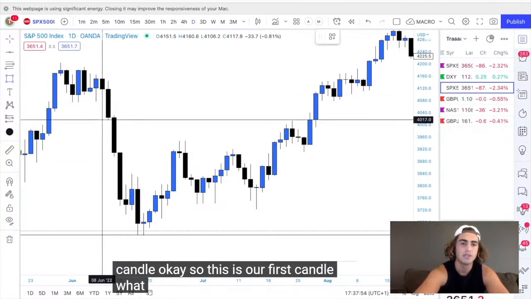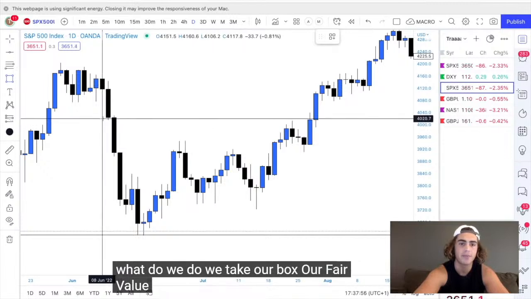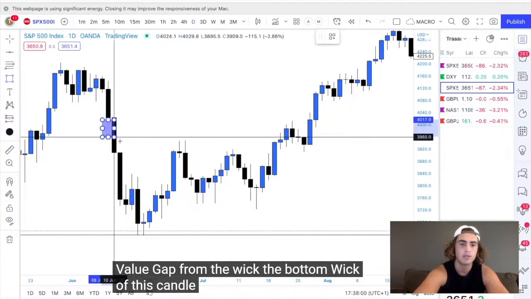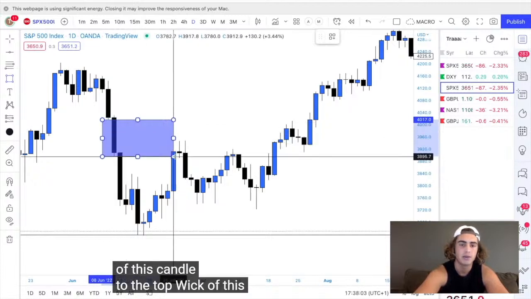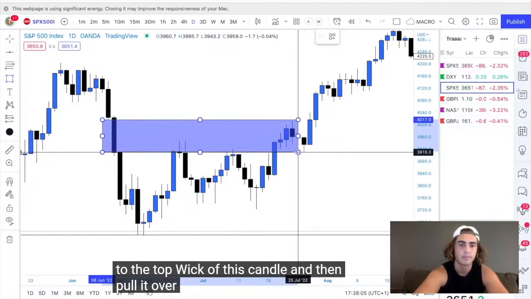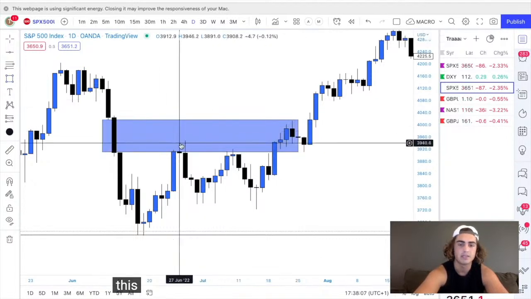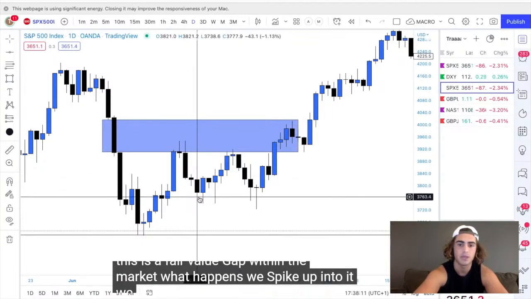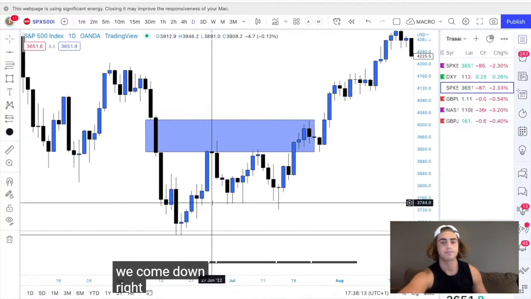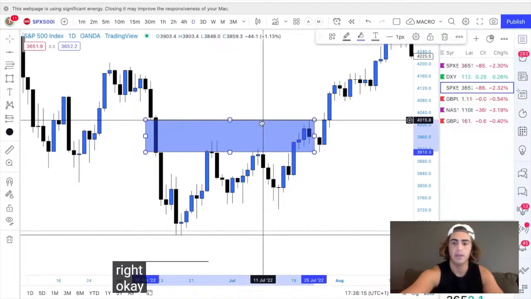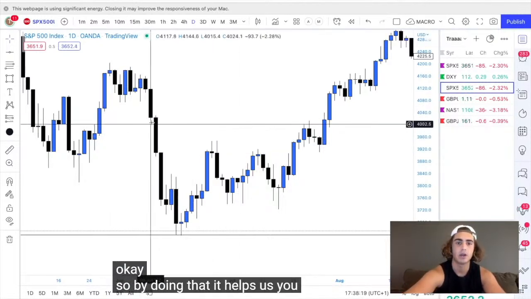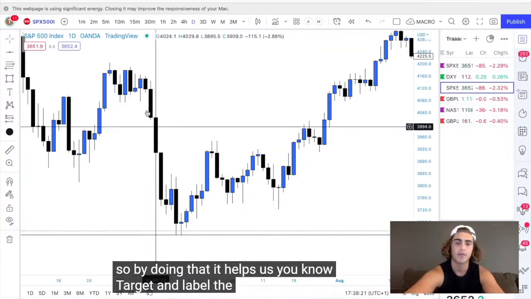We take our box, our fair value gap, from the bottom wick of this candle to the top wick of this candle, and then pull it over. This is a fair value gap within the market. What happens? We spike up into it, we come down, right? So by doing that, it helps us target and label the fair value gap.